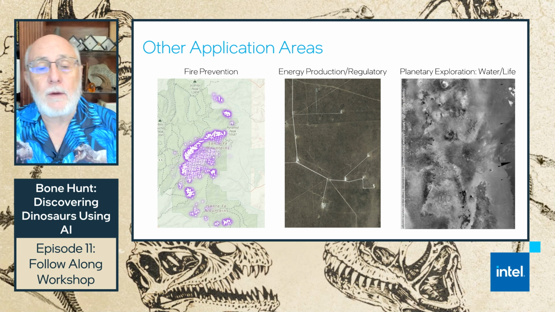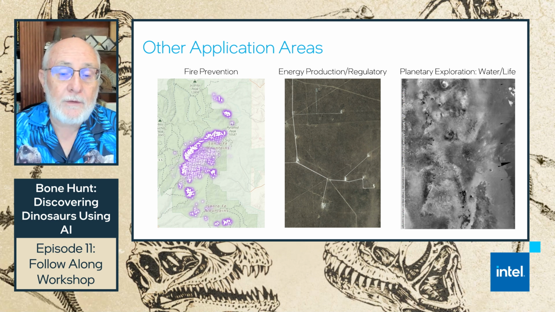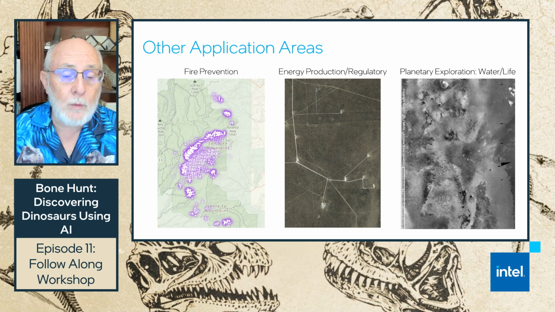But this is one of the areas where, very similar to the bone hunting, I'm working on it right now to see if we can use it to predict areas where there's a higher likelihood of fires, given either road patterns where they can't get in and form fire breaks, or locations close to power lines, close to small villages or cities where there could be aged power line utilities and so forth.